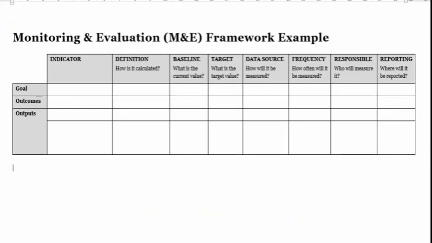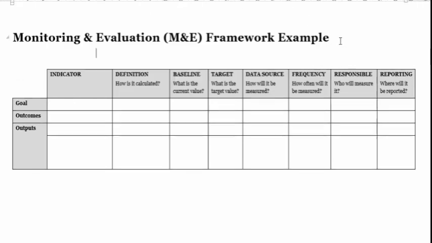The structure is already there. You'll see the goals, outcomes, outputs, and all the required indicator details. From there, it's just a matter of populating the framework with the relevant information. That's how you begin to build a monitoring and evaluation framework, systematically using the logical framework as your base, and then filling in the essential components that make it functional and practical.